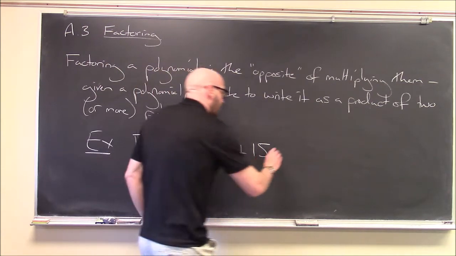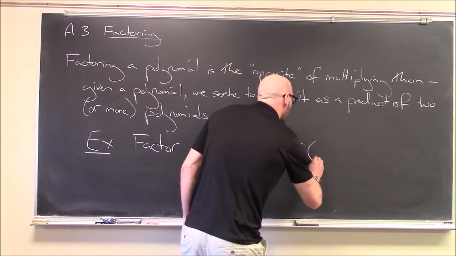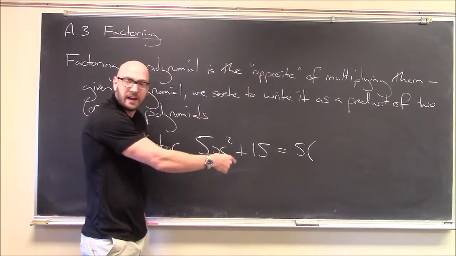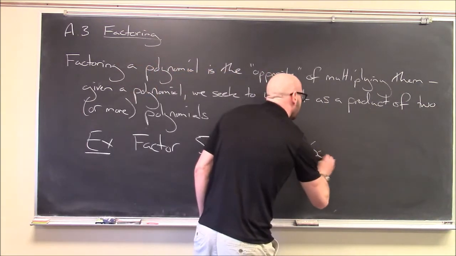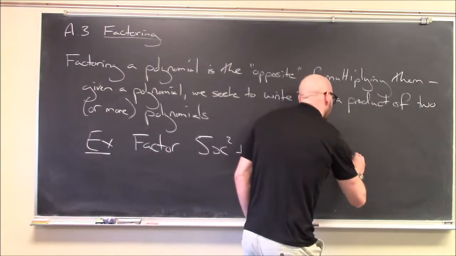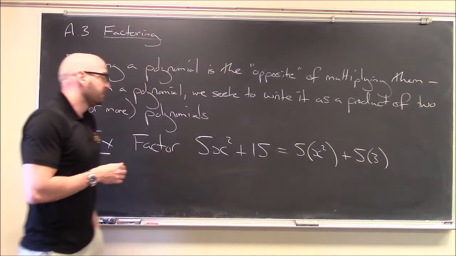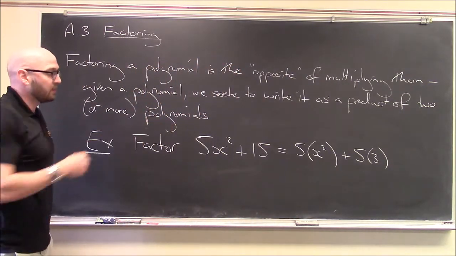I could think of this as 5 times 1x squared, so 5 times x squared. And the second term, I can think of this as 5 times 3. Okay, so I have 5 multiplying both terms.